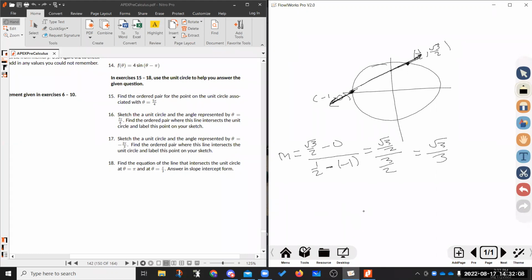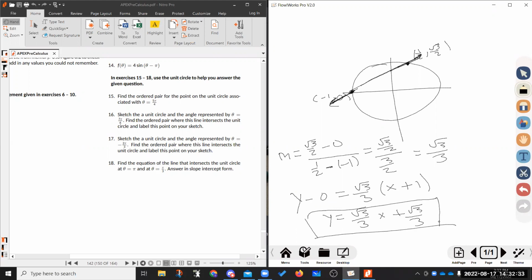That's easier for me to deal with. So I'm going to say y minus 0 is equal to m times quantity x minus a negative 1, which is plus 1. They said to write this in slope intercept form. So there's my answer, and I'm done.